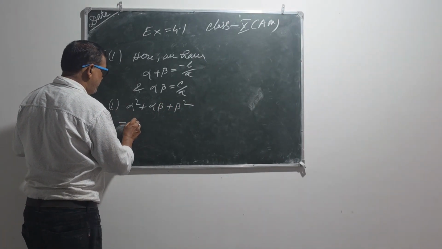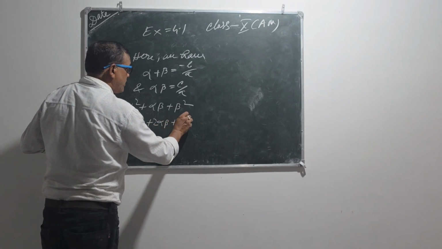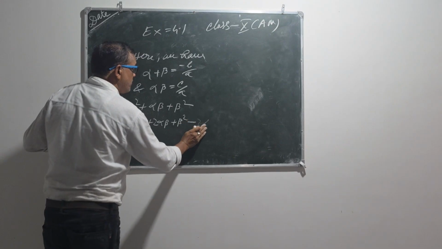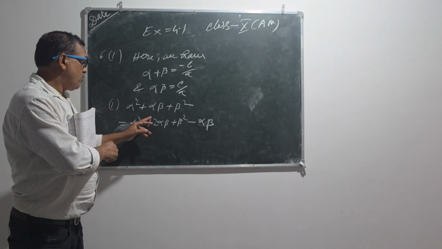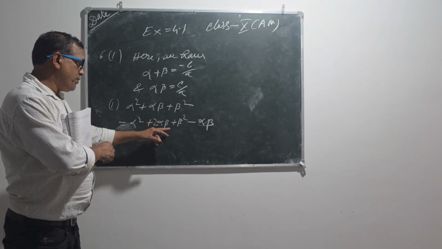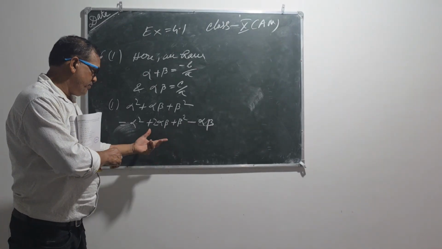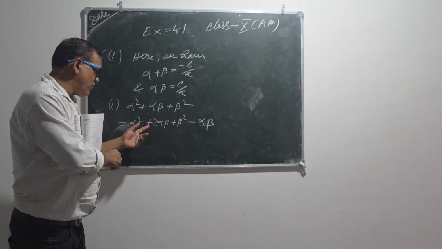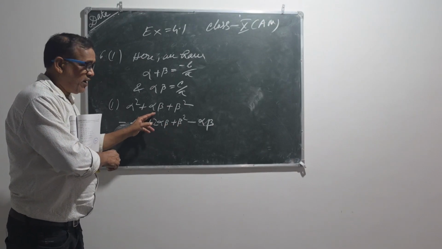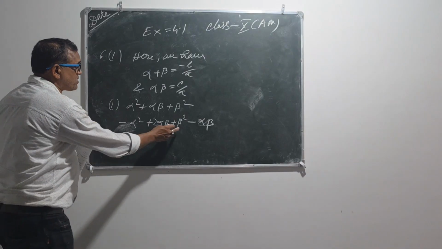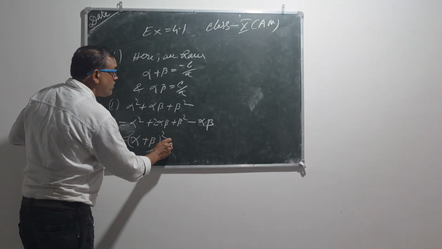This can be written as alpha square plus twice alpha beta plus beta square minus alpha beta. Since we have written twice alpha beta, one more than needed, we have to subtract this alpha beta also. Then finally we will get the original expression once again, as 2 alpha beta minus alpha beta means only alpha beta. So from these we can write alpha plus beta whole square minus alpha beta.